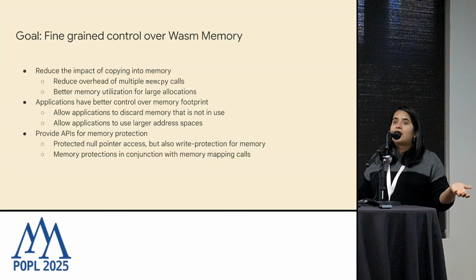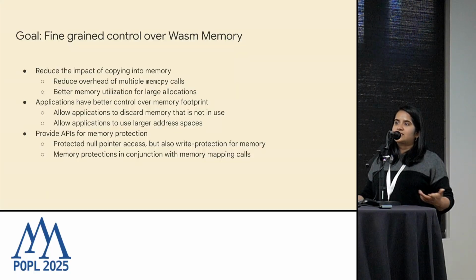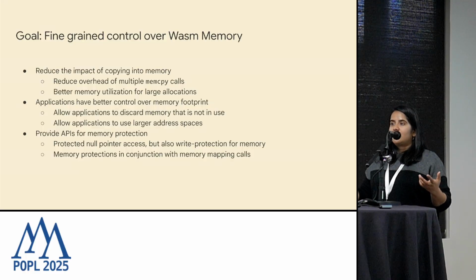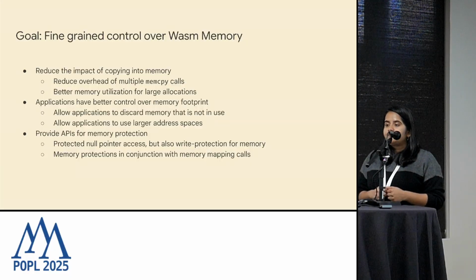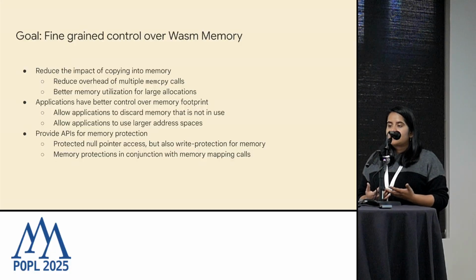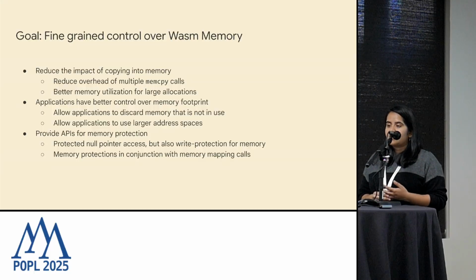Especially if you have a large application, like I can think of an application that is processing a lot of photos and videos, you don't actually want to have large copies of large allocations sitting around and consuming memory. You also want to give applications just better control over their memory footprint. So you want to be able to allow applications to discard memory when it's not in use, and give them larger address space to use.